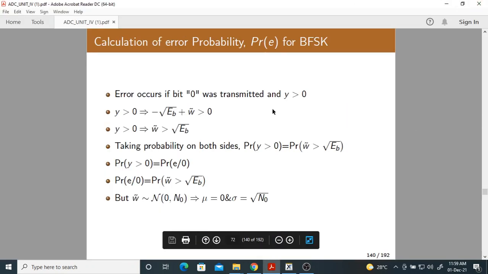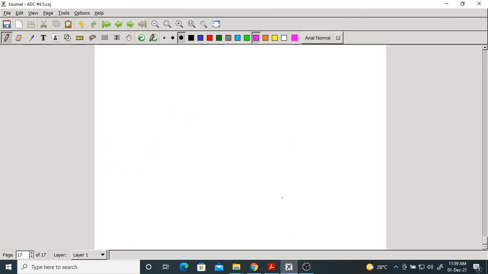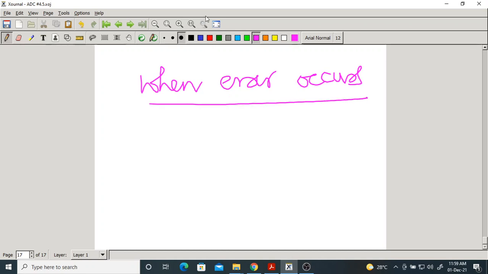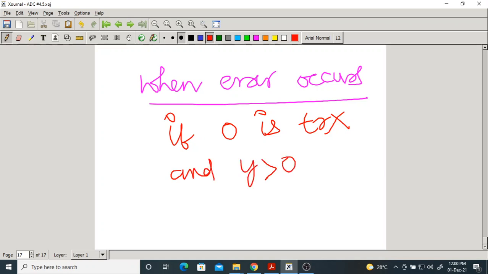So what is the probability of error? When does error occur? Let me take one small case. If 0 is transmitted and y is positive, what happens?